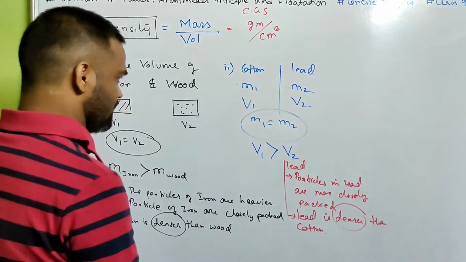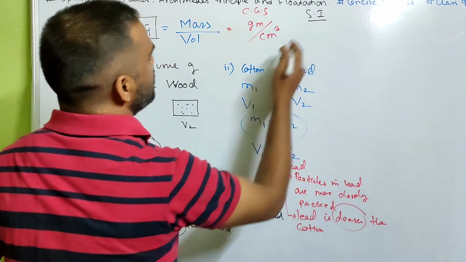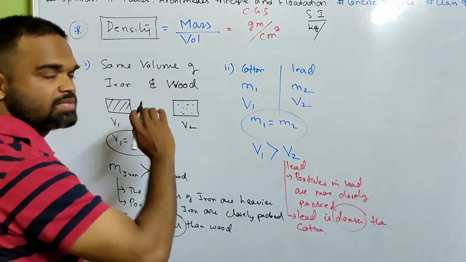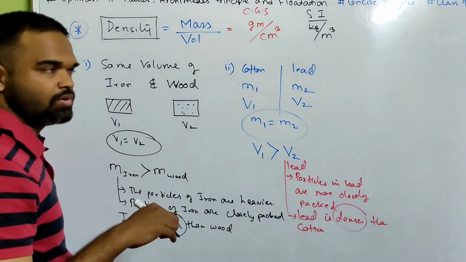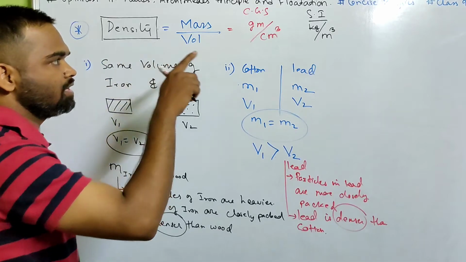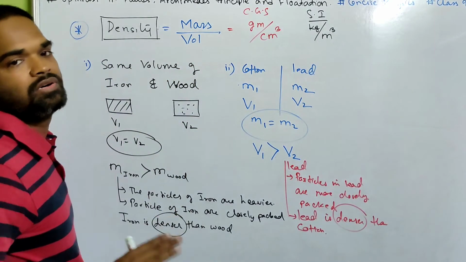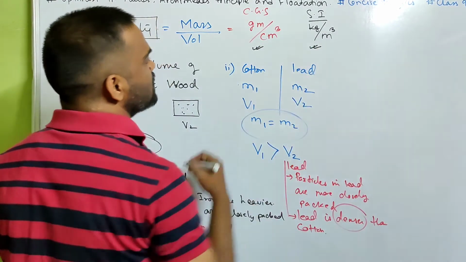In SI, mass is calculated in kg and volume in meter cube, which means the SI unit of density is kg per meter cube. So this is CGS, this is the SI unit.